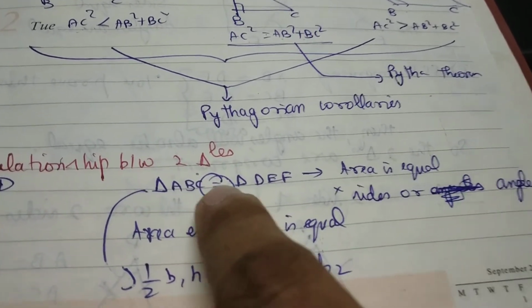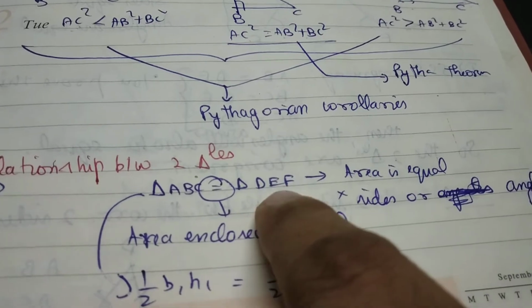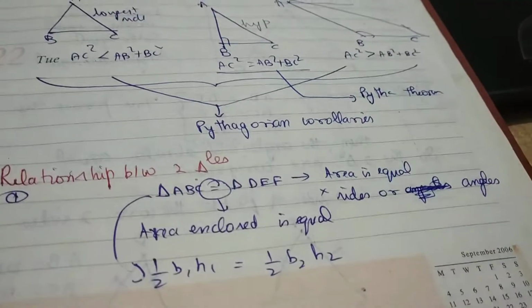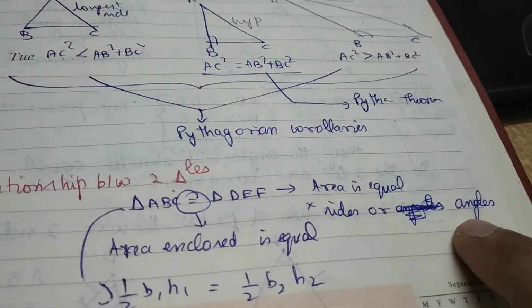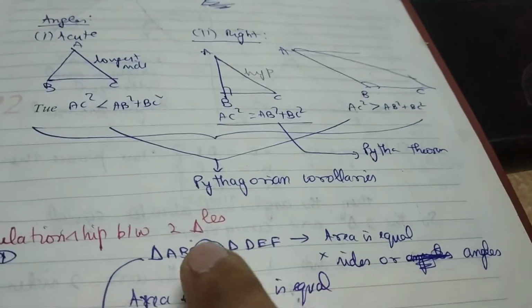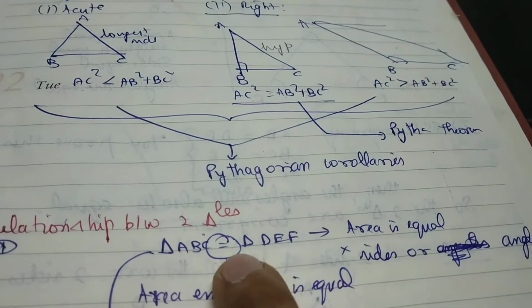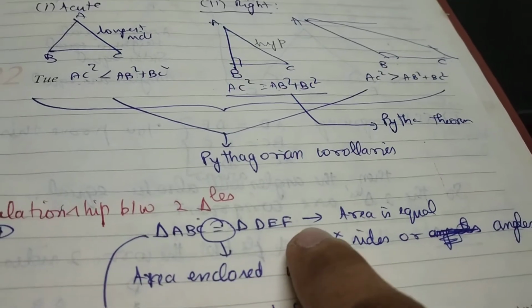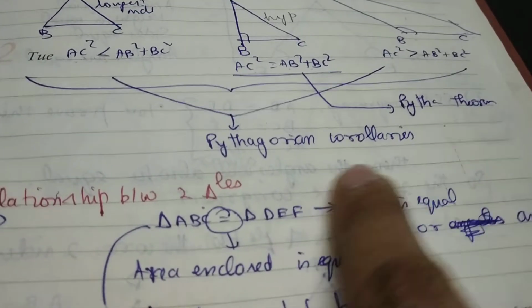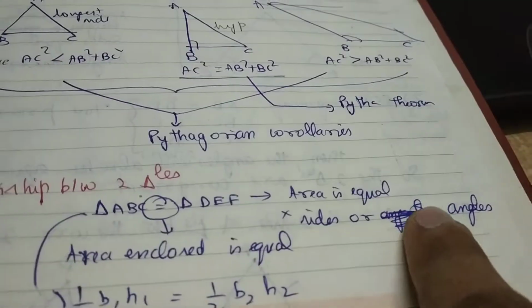If I put triangle ABC is equal to triangle DEF, then it does not mean that the sides are equal or angles are equal. It does not mean that. If triangle ABC is equal to triangle DEF, then it means that only the area is equal. We need not see the sides or the angles.